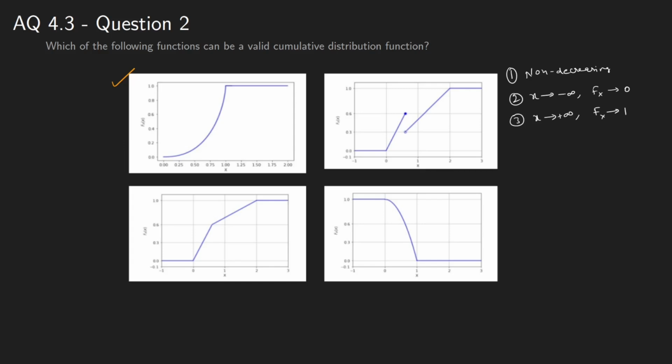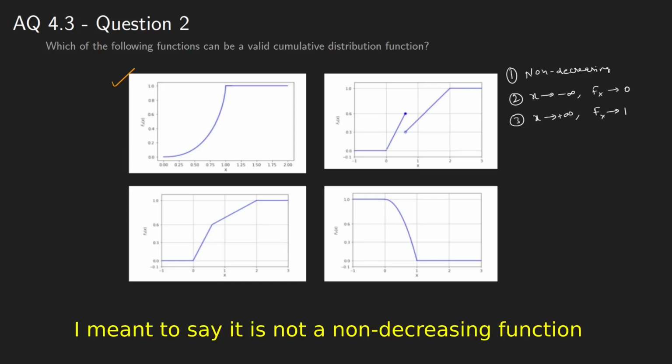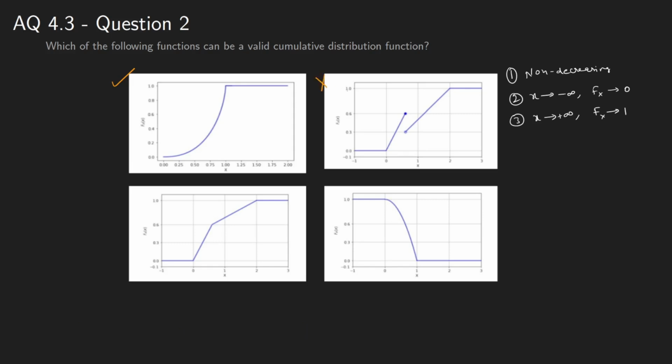It's not exactly 0.3, but at whatever point the value 0.6 was obtained, after that the value of the function decreases and then further it increases. Although it follows all the other conditions, that as we go to -infinity it should become 0, and as we go to +infinity it should be a constant equal to 1, those conditions are followed, but it is not a non-decreasing function, so it cannot be a valid cumulative distribution function.